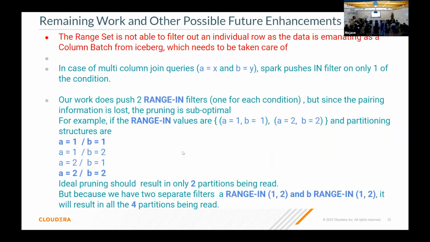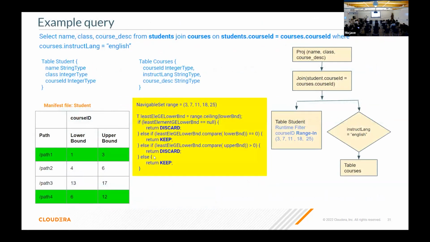What are the possible remaining work and other possible future enhancements? This is something which dawned on us only yesterday while working with my colleague. We were still not seeing the performance benefit which we should have seen. The reason, it turns out, is that the range set is the actual valid keys which are of interest.